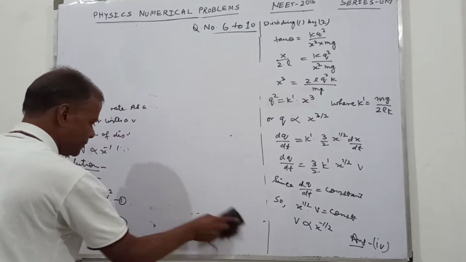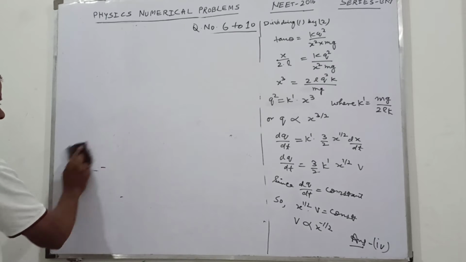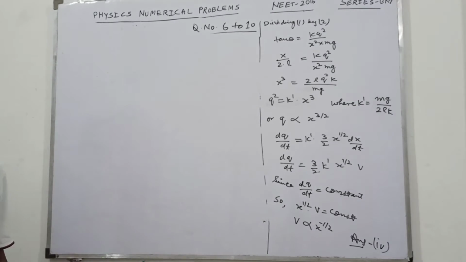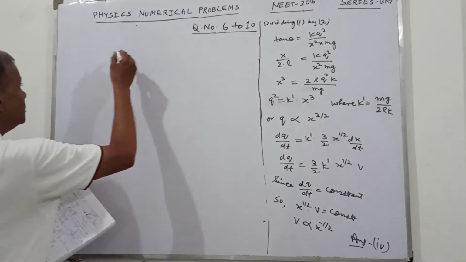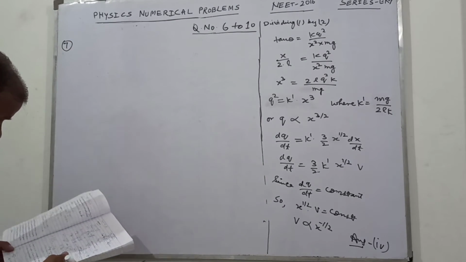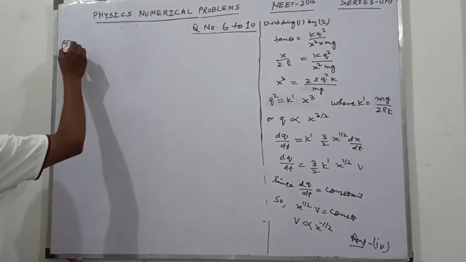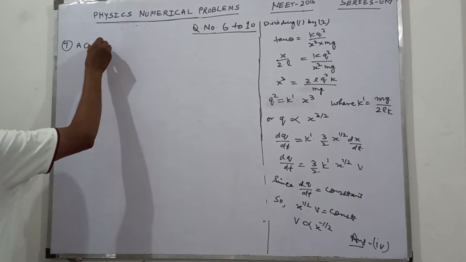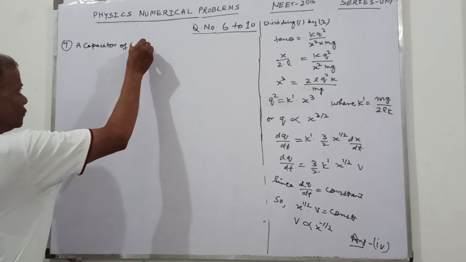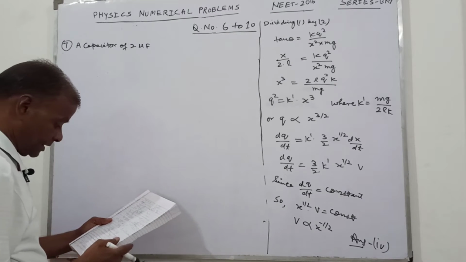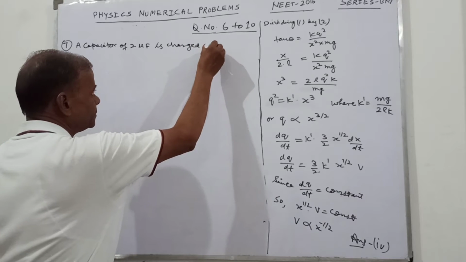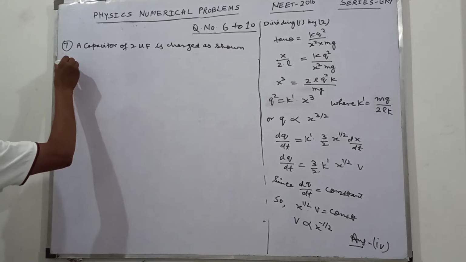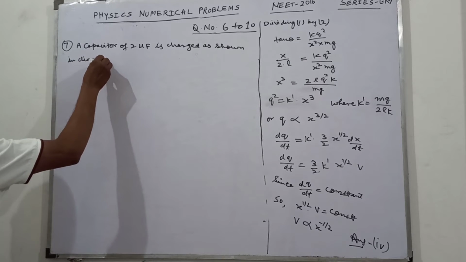Now question number 7. A capacitor of 2 microfarad is charged as shown in the diagram.